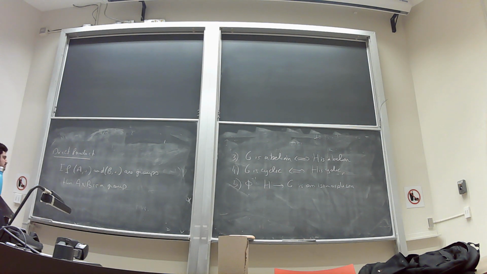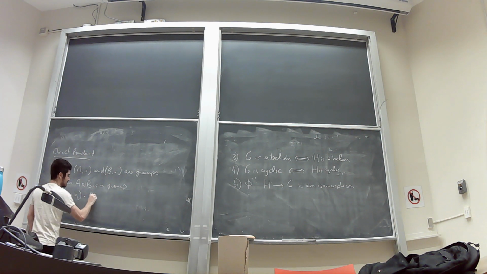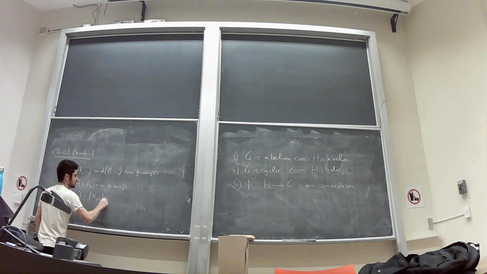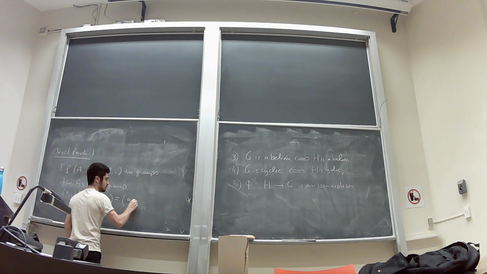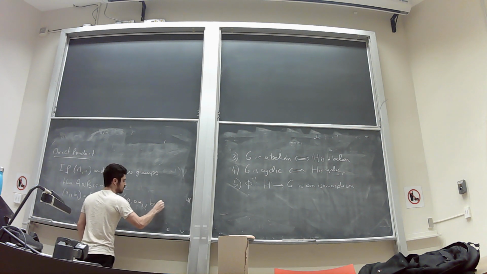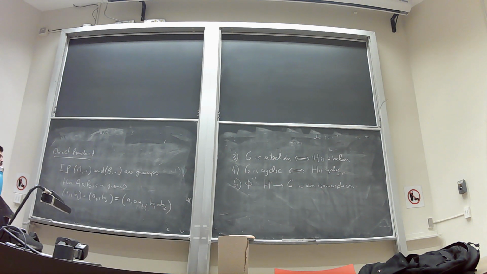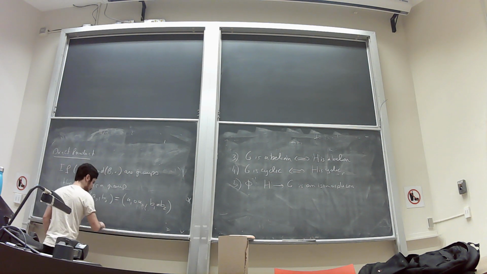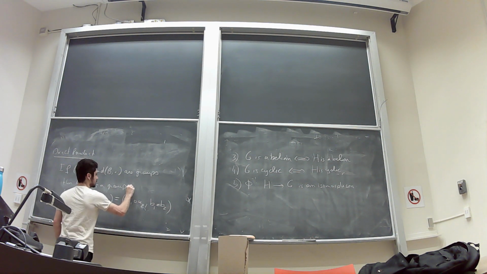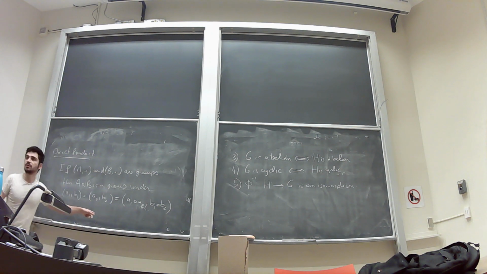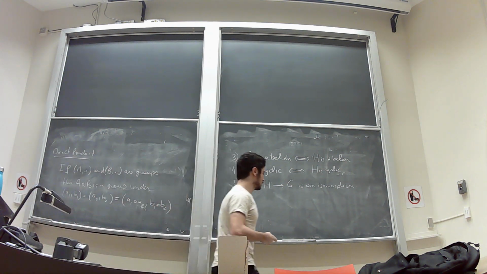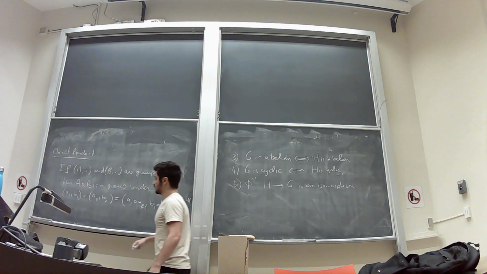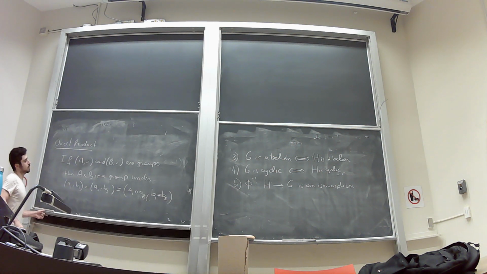The operation of A times B: you take (a1, b1) times (a2, b2), which is (a1 circle a2, b1 dot b2). Remember this? You proved that the Cartesian product of two groups is a group. So that might be a way to generate a group.